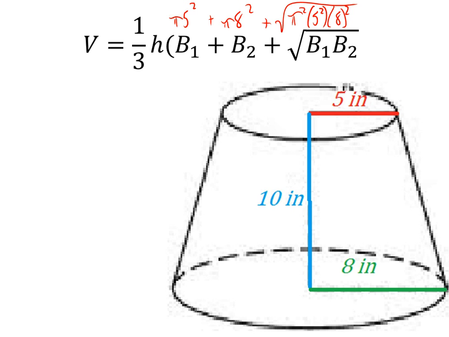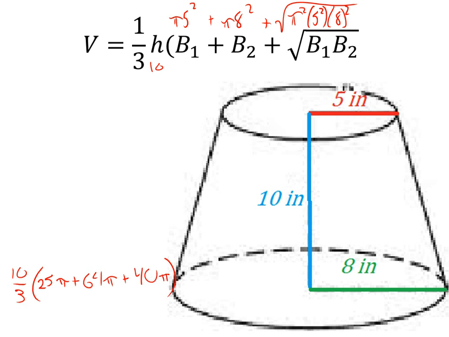And so when we multiply all these together and put in a 10 here, we end up getting about 10/3 times 25 pi plus 64 pi plus, looks like that's going to be about 40 pi, I believe.